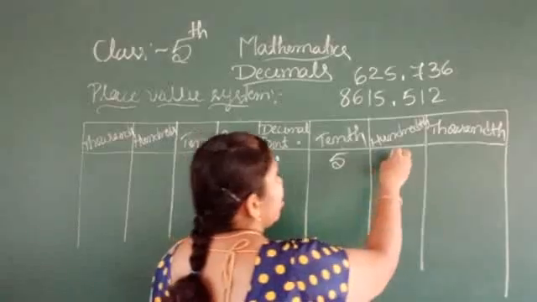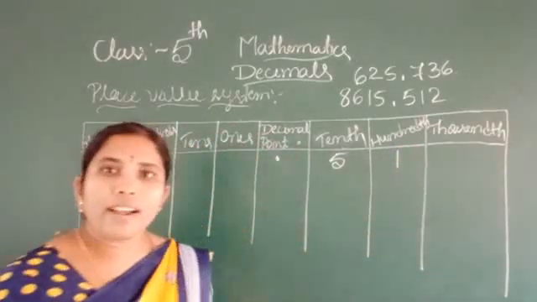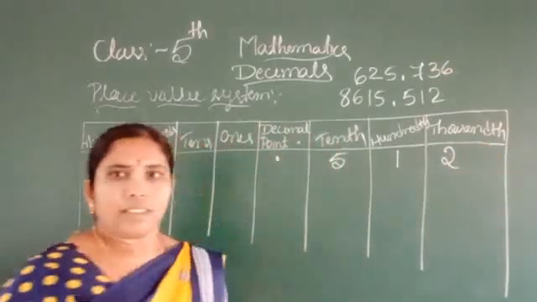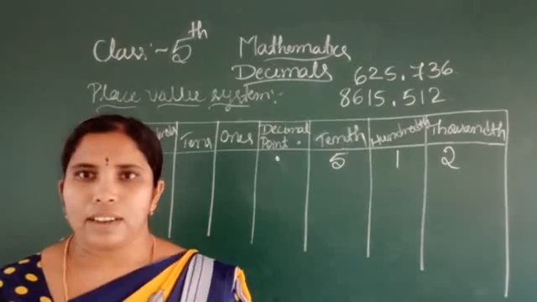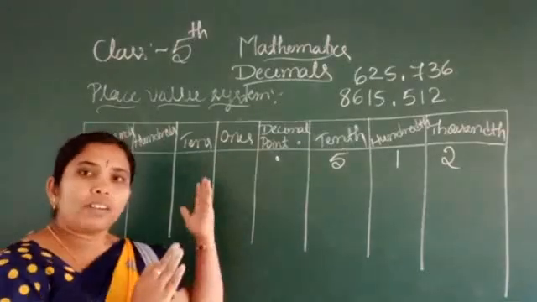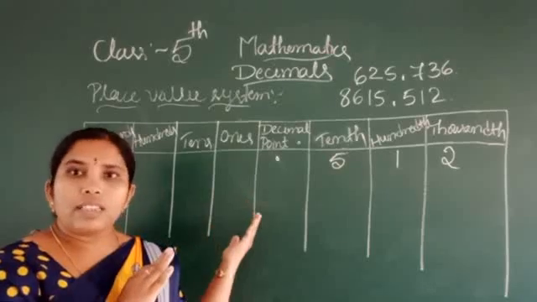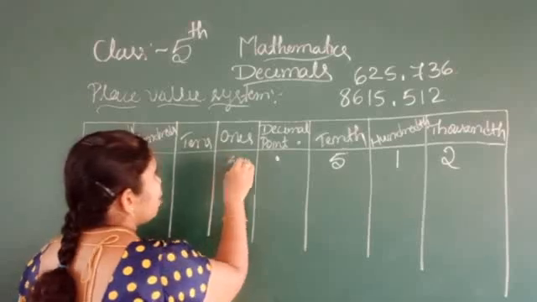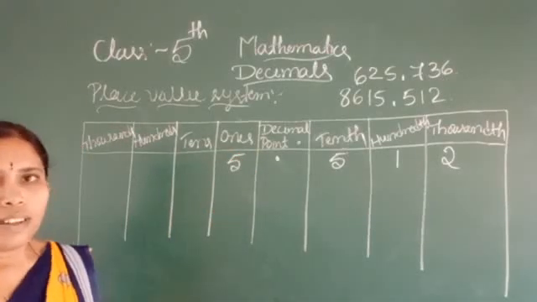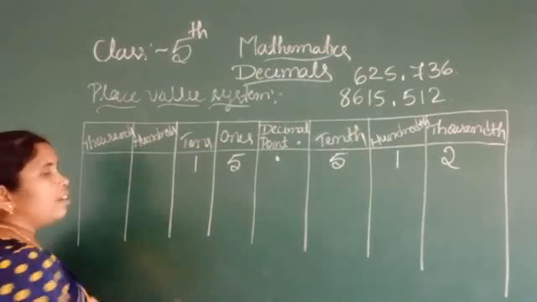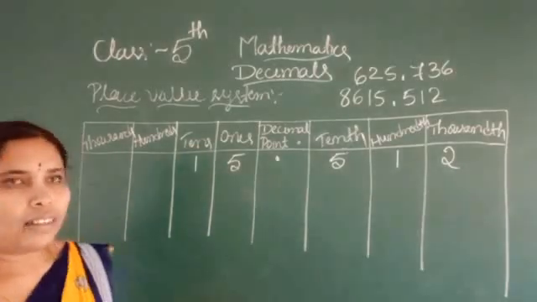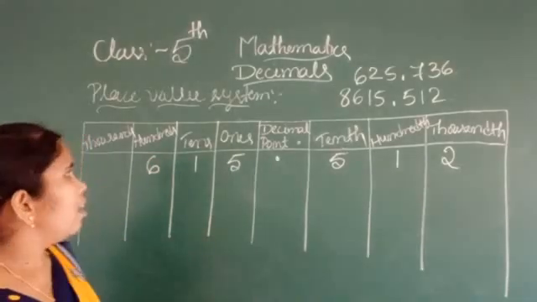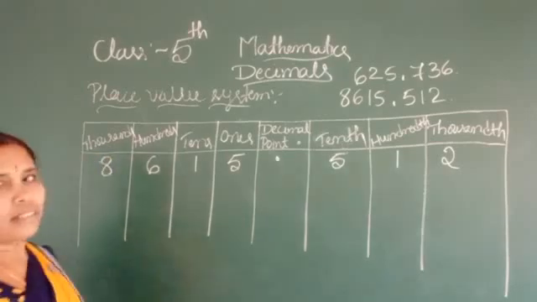Then the hundredth place, then the thousandth place. Before the decimal point, the first digit from the right, 5, write in ones place. Then 1 in tens place. Then 6 in hundreds place. Then 8 in thousands place.